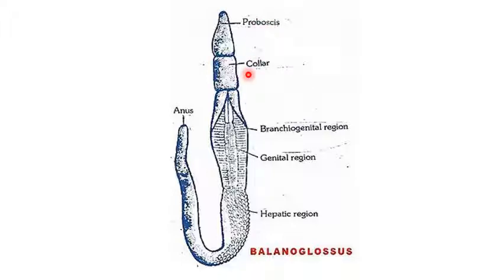Nervous tissue is concentrated here, linked to the epidermis, that means nerve fibers in the outer layer link with it, in the collar. In the trunk region the pharynx is present, perforated with gill slits. The genital region has the gonads and opens out by the anus. So these are the features of Balanoglossus.